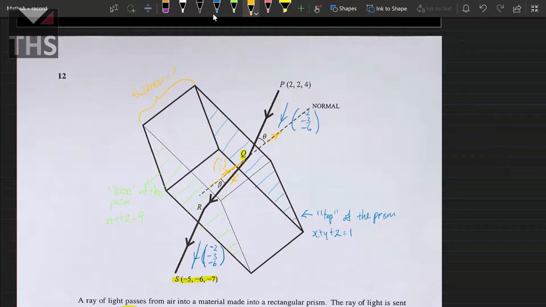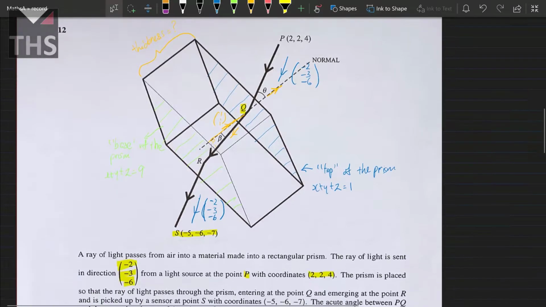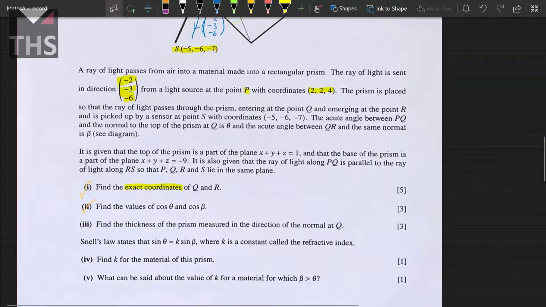Correct? The length of projection of this one, because this one will be a right angle. So the length of projection of this vector QR onto 1, 1, 1. So you see this thickness thing is disguised in a way that you need to understand what they're asking you.